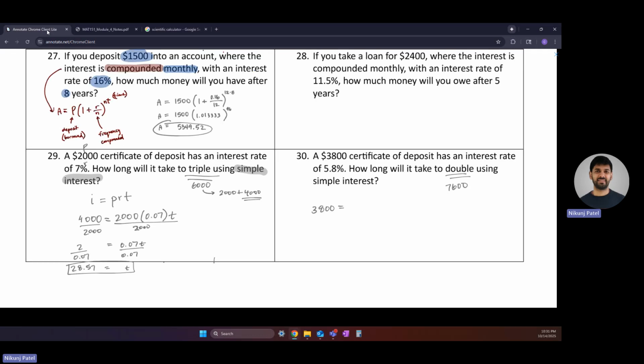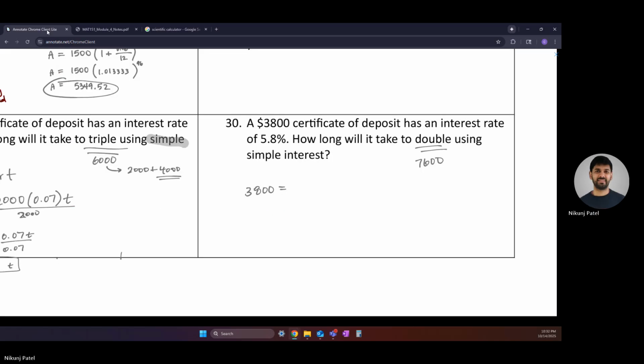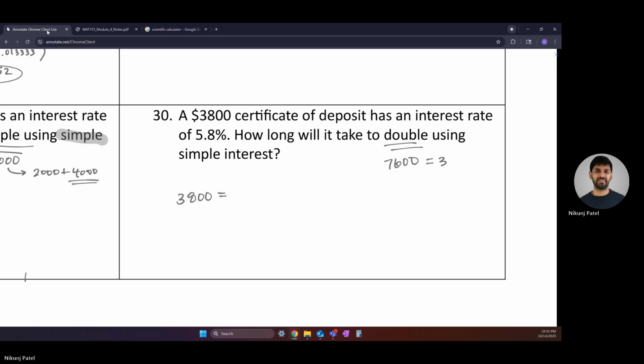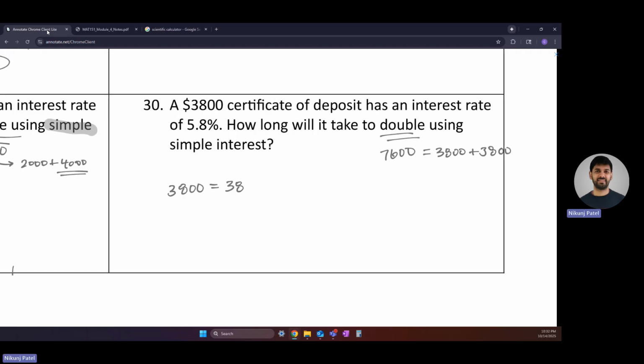So that way, you know that that amount is what it adds on to what it originally had. Just like that. Right, so it would be 3,800 is equal to 3,800 times 0.058 times t. See if you can determine and simplify that to figure out what the t value would be.